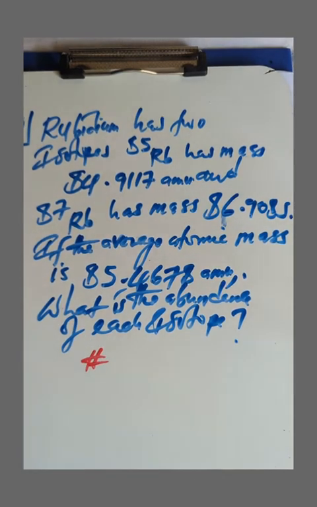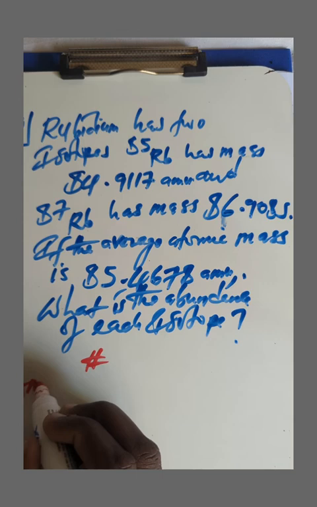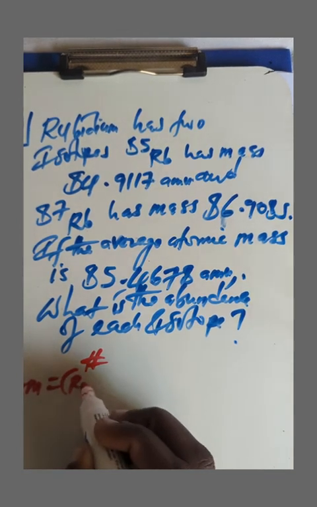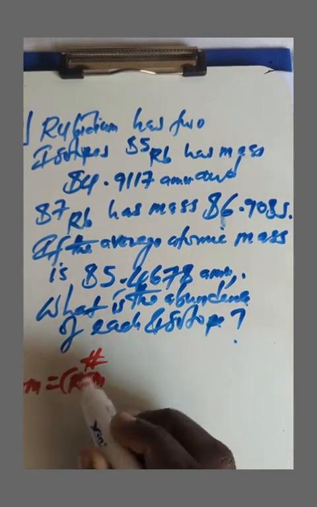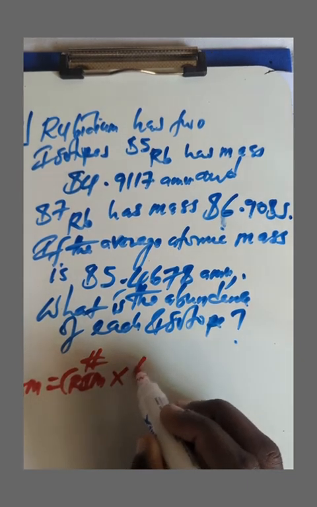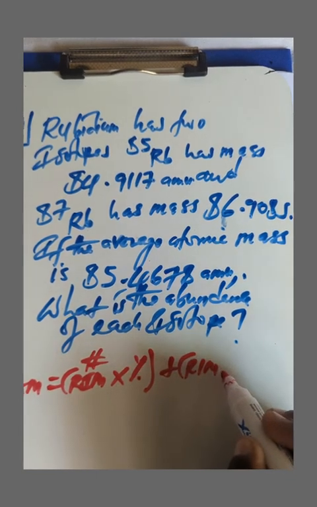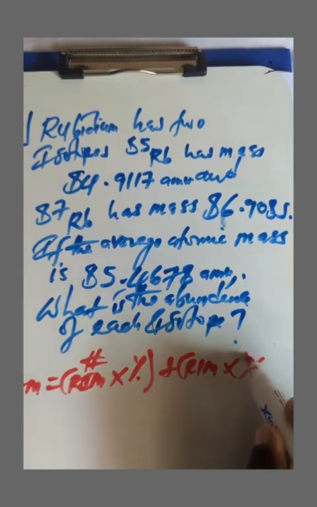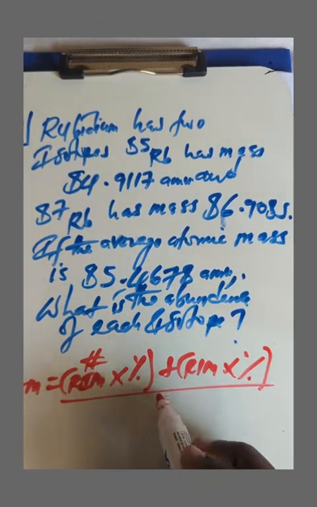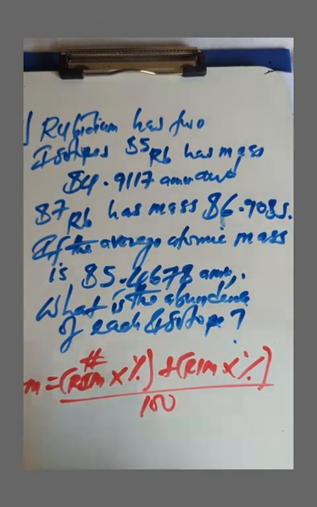Just to give you a hint, the formula again is RAM equals relative isotopic mass 1 multiplied by abundance percent 1, plus relative isotopic mass 2 multiplied by abundance 2, everything over 100. Even if you just write the formula properly, they will give you a mark.